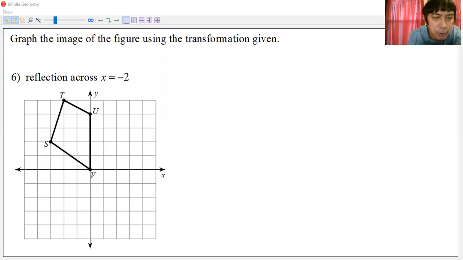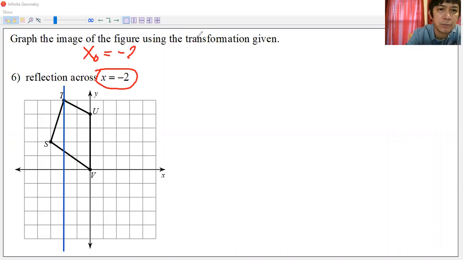Okay, so x equals negative 2. That must be this line. There, the vertical line that passes through negative 2, 0. And our x of 0 this time is this number. It's negative 2.